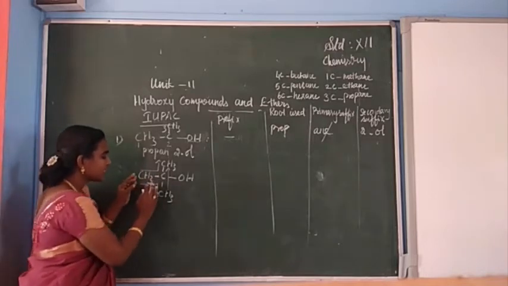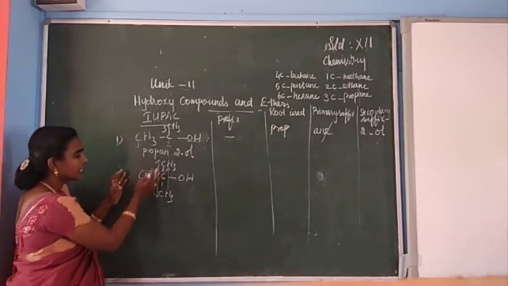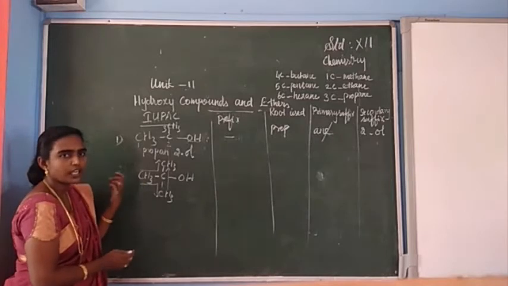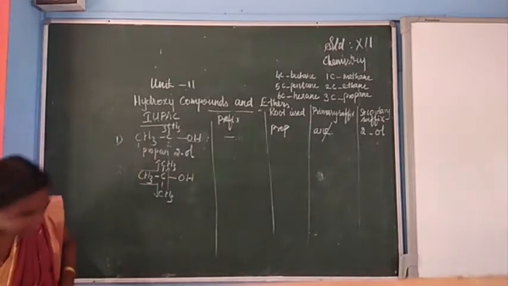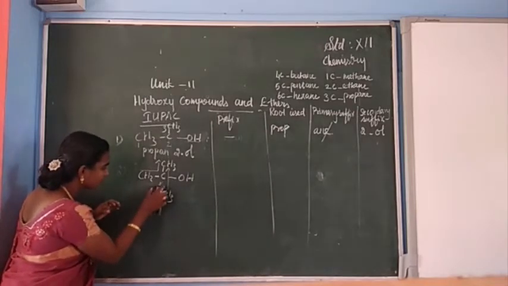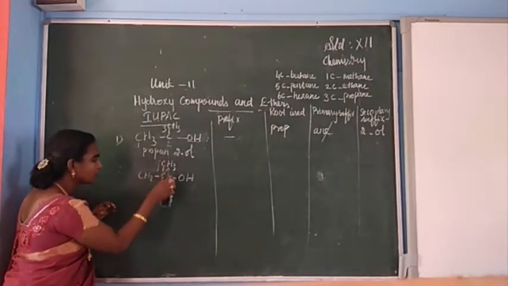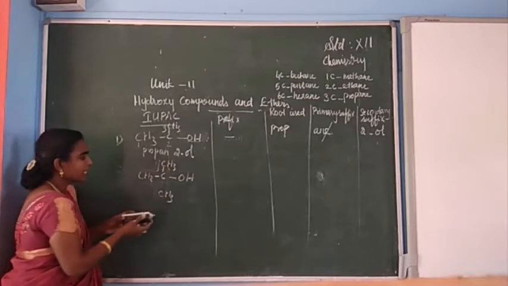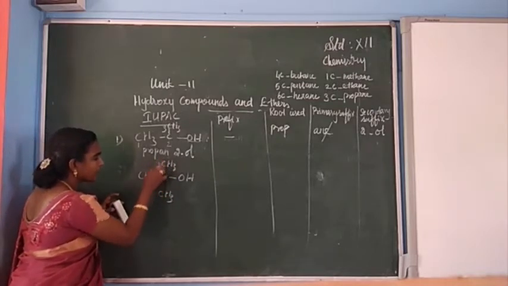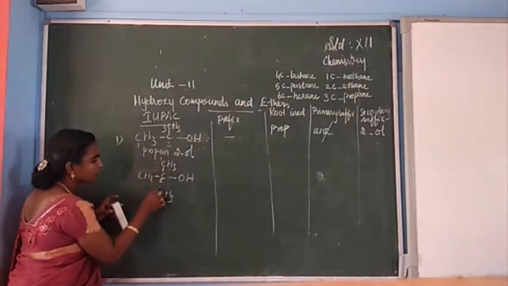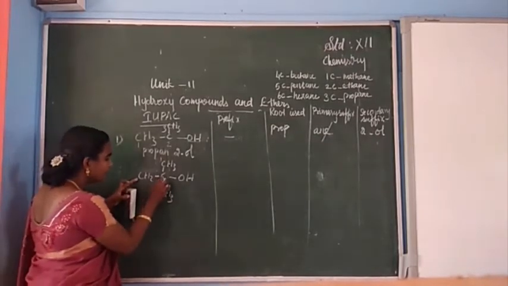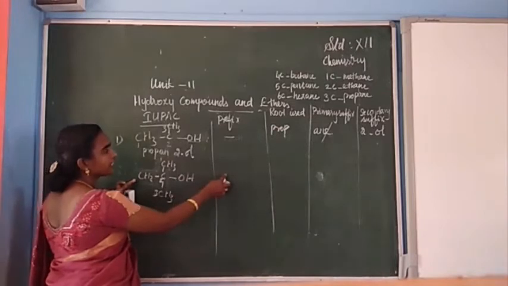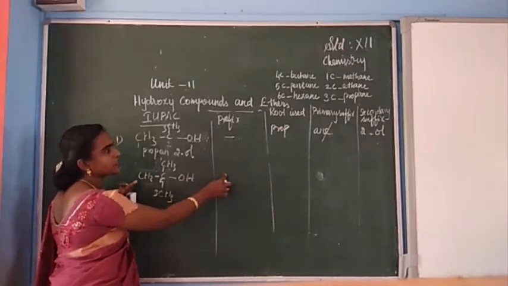So in these 3 ways we can select 3 carbons. Anyhow, one of the carbons must be in substituent position. So both 3 ways are the same. Select this position, 1, 2, 3. So when you select this way, the prefix, that means the substituents.